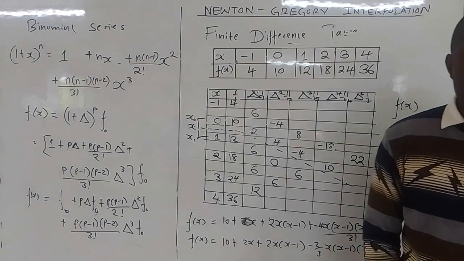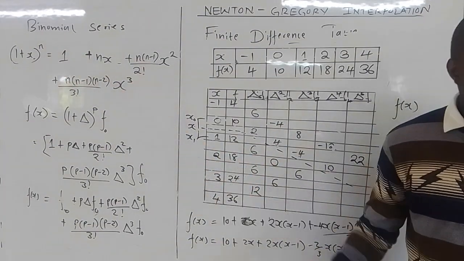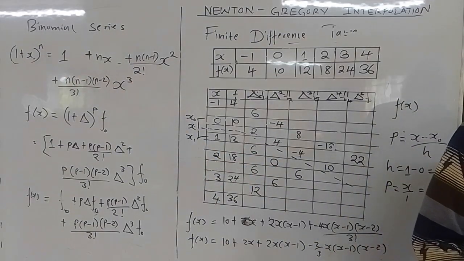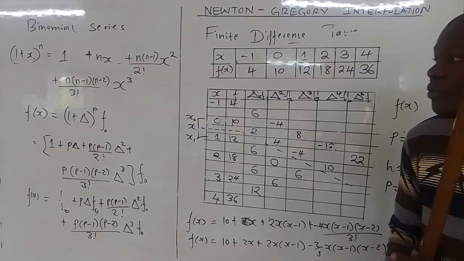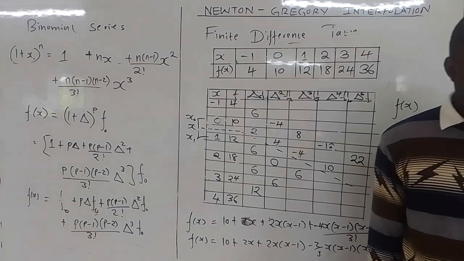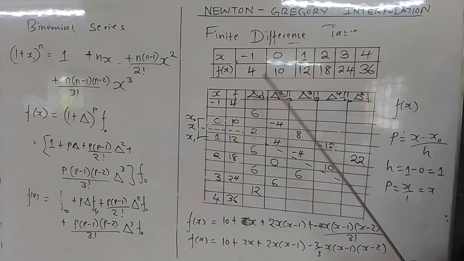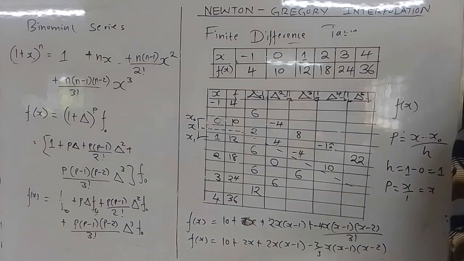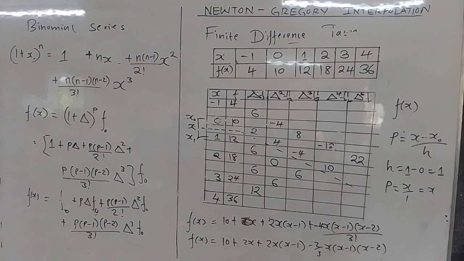What is important is that you know the binomial series, how to get the value of this p, and how to deal with the forward difference formula and the backward difference formula. Are we together, ladies and gentlemen? Yes. Can we now handle the first case in this Newton-Gregory interpolation formula?